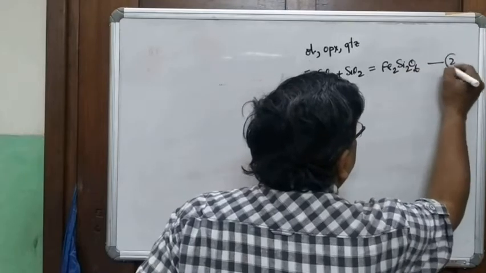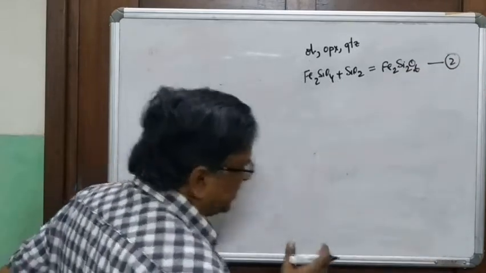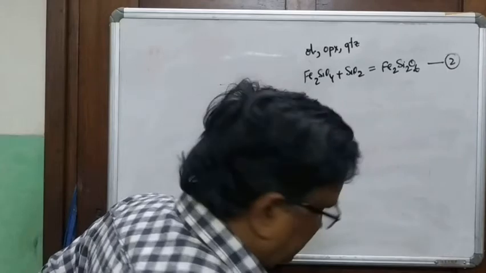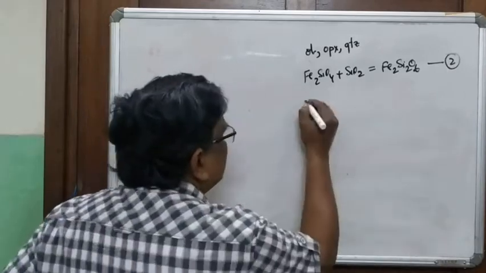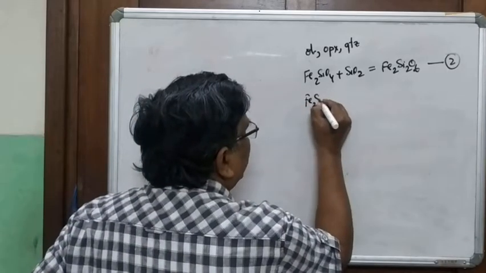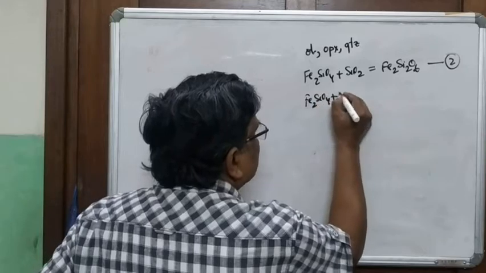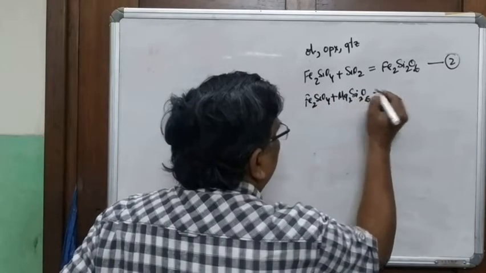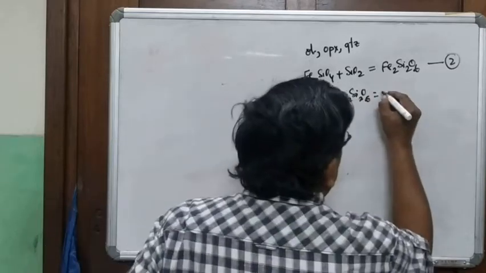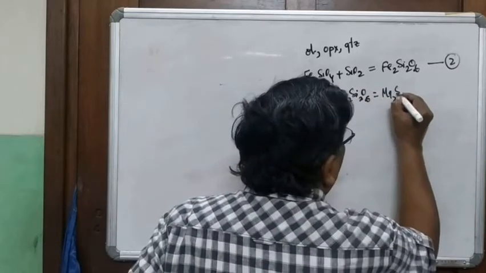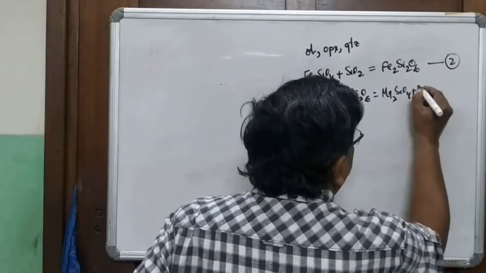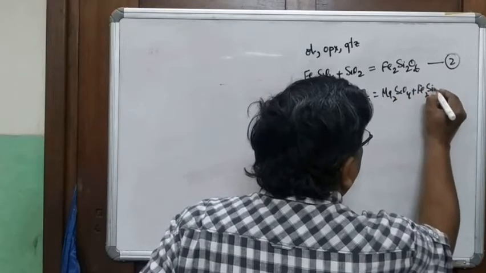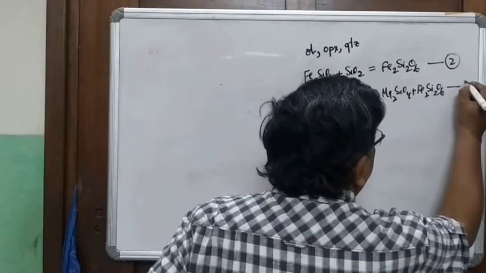This was our reaction 2. And the other reaction, Fe2SiO4 plus Mg2Si2O6 is equal to Mg2SiO4 plus Fe2Si2O6. And this is reaction 3.